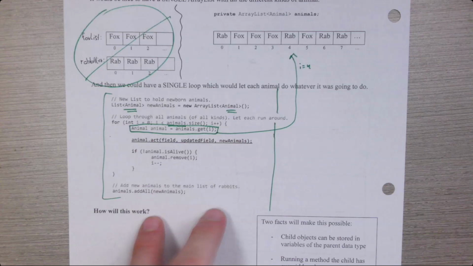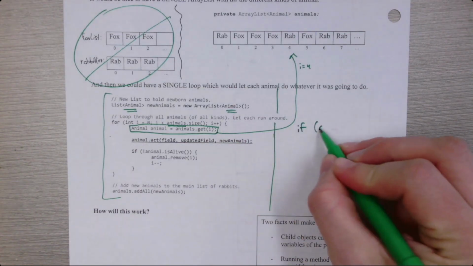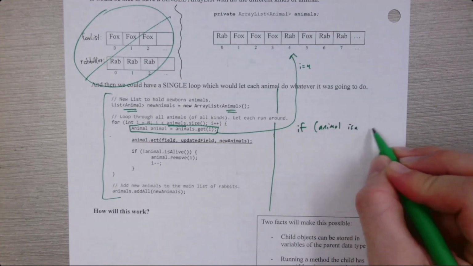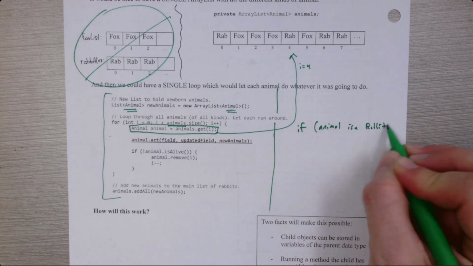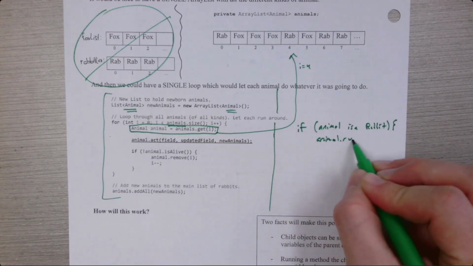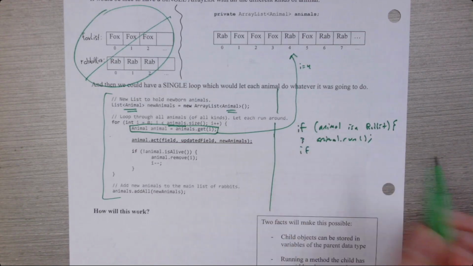So if you were writing this code, you might think you'd have to do something like this. You'd have to say, sort of in pseudocode, if animal is a rabbit, then you'd run the rabbit method. You'd say animal.run. And then you'd say, okay, that's if it's a rabbit.